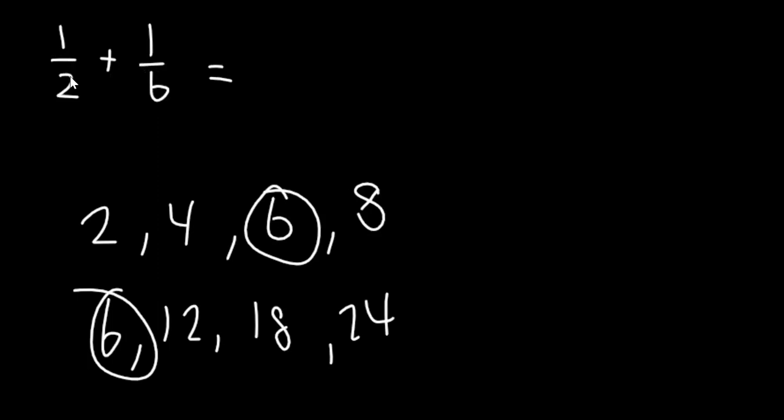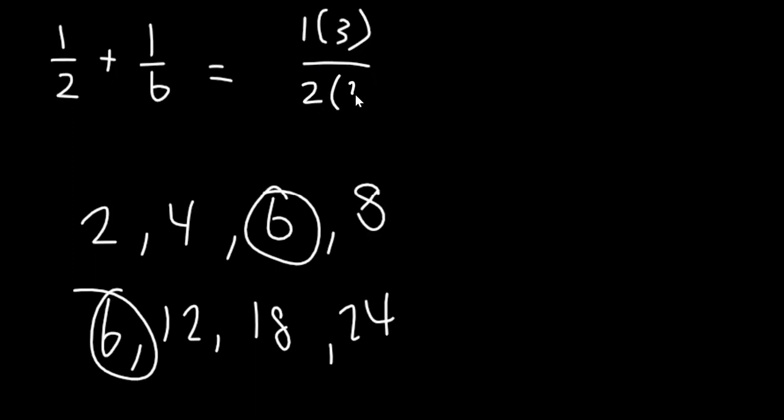To convert 1/2 into sixths, we need to find out what needs to be done to the denominator to get 6. We know that 2 times 3 is 6, so we have to multiply the top and bottom by 3 to make sure they're the same, because we have the equal sign.